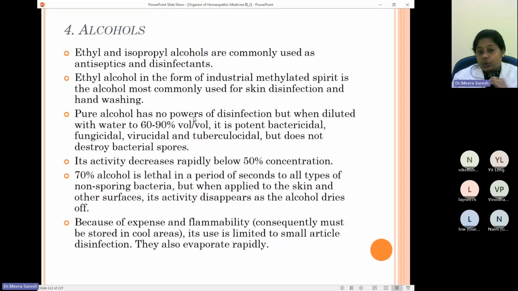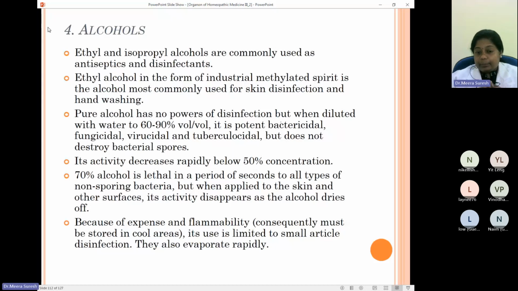Pure alcohol has no powers of disinfection, like our pure phenol, but when diluted with water to 60 to 90% volume per volume, it is a potent bactericidal, fungicidal, virucidal, and tuberculocidal, but does not destroy bacterial spores. Its activity decreases rapidly below 50% concentration.